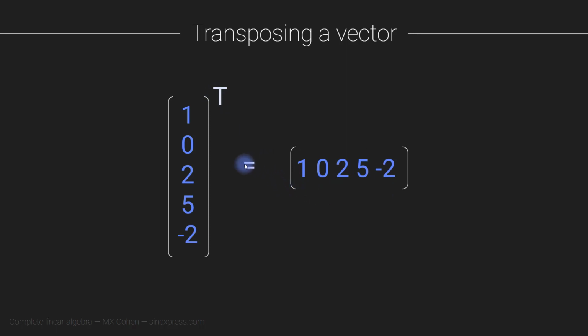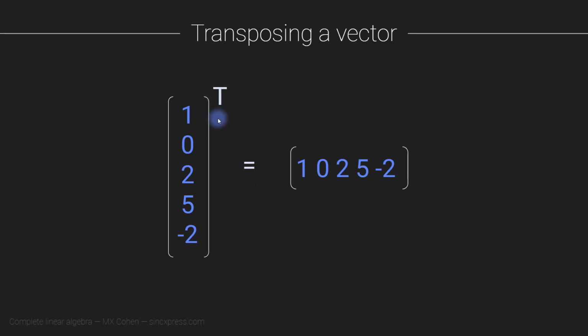Now, the important thing to know about transposing is that it doesn't change the elements themselves, and it doesn't change the ordering of the elements. So we have exactly the same numbers in exactly the same order. All we've done is change the orientation of this vector from a column vector into a row vector, and that's what the transpose operation does.